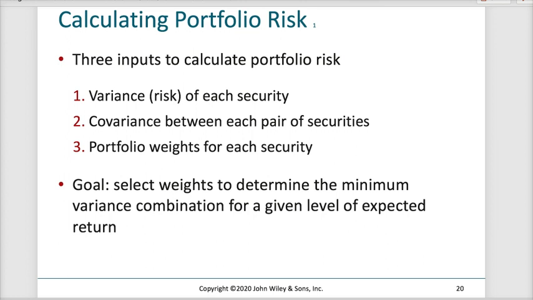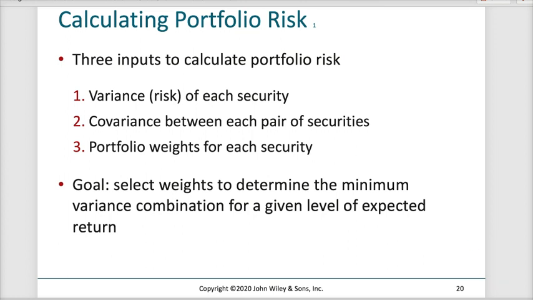Okay, so calculating portfolio risk. There are 3 inputs to this calculation: variance, covariance between pairs of securities, and the portfolio weight of each security. The goal is to determine the minimum variance combination for a given level of expected returns.